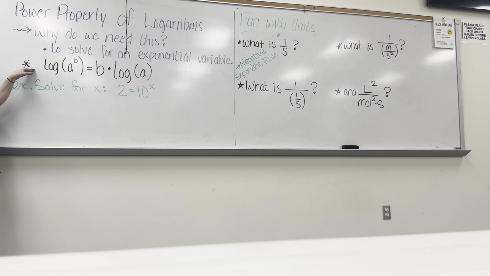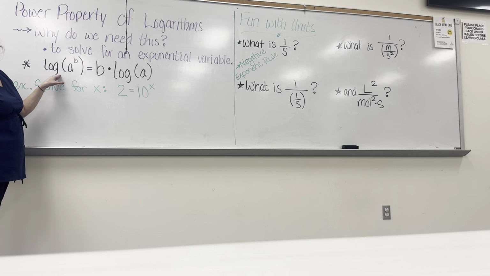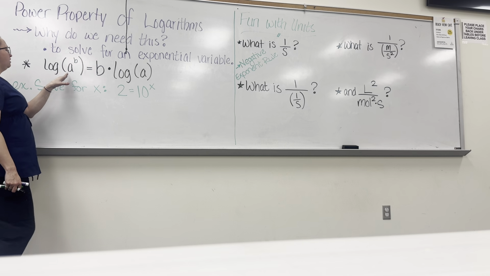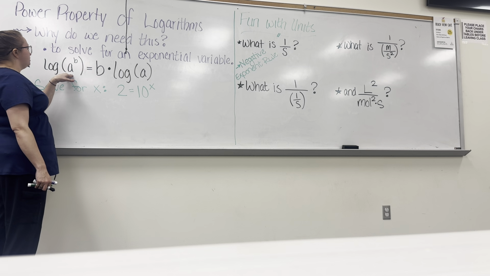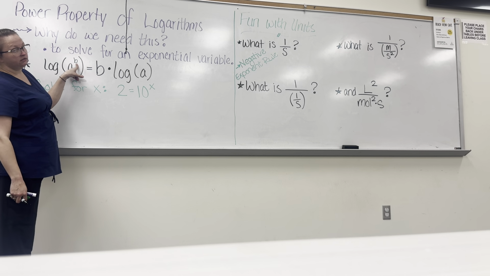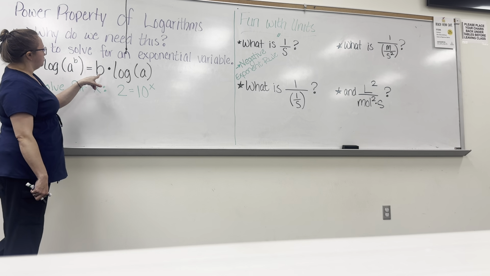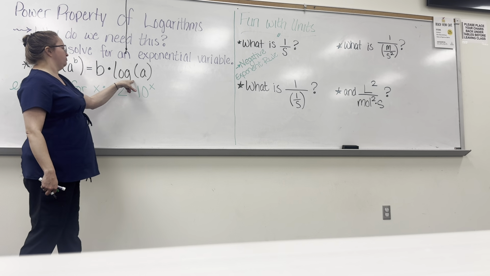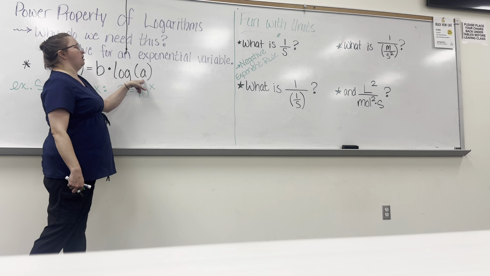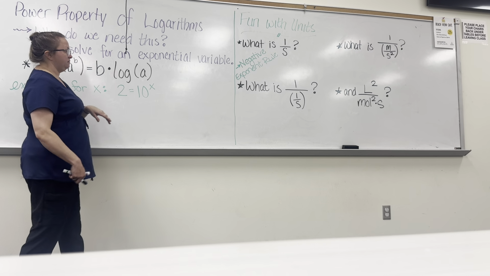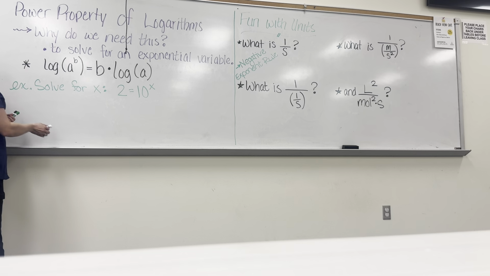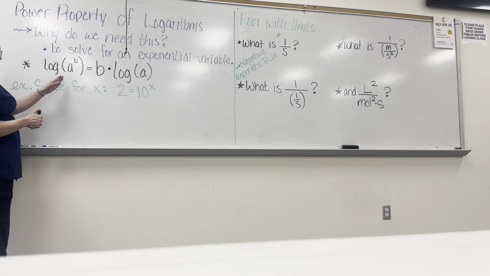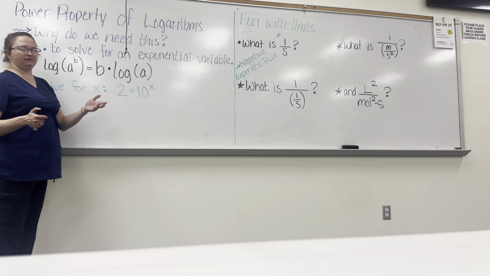Here's our law. The logarithm, base 10, of a to the power b equals b multiplied by the logarithm, base 10, of a. Okay? So what is a to the b?